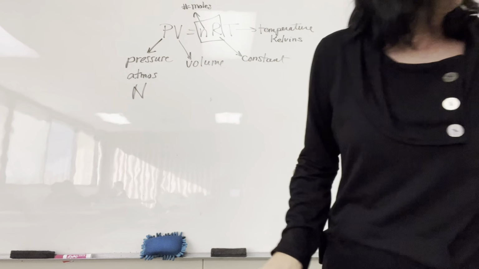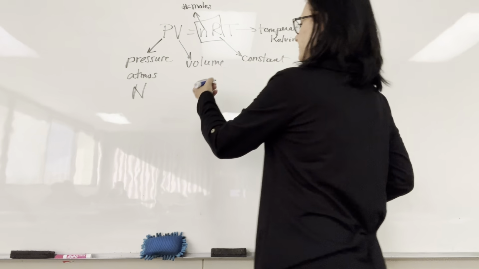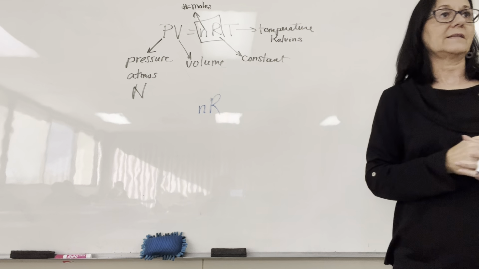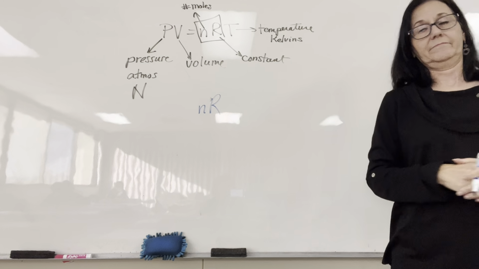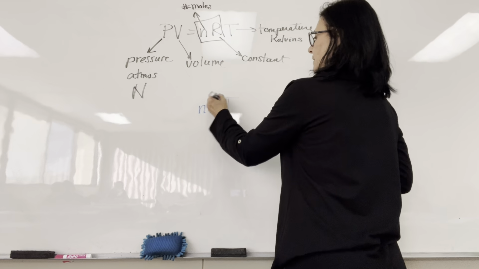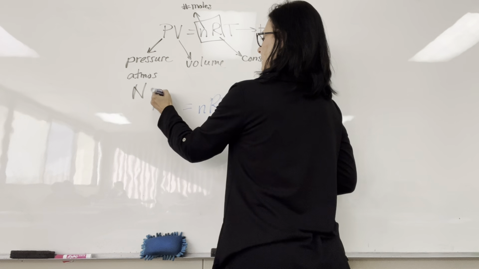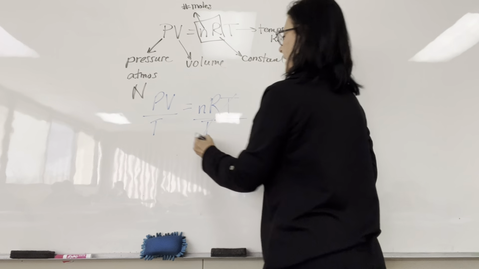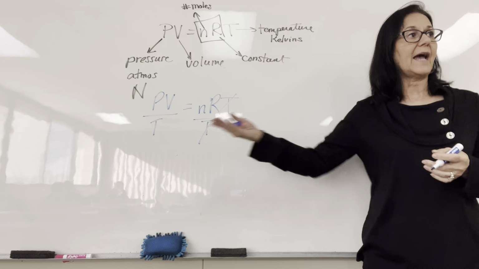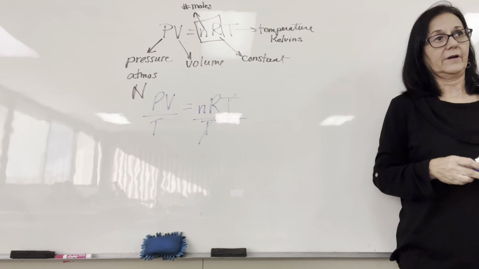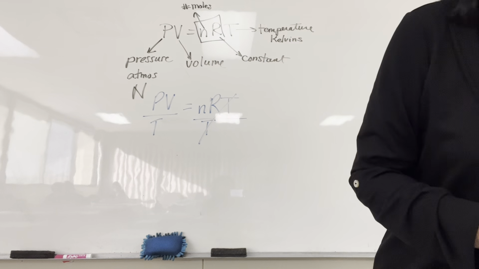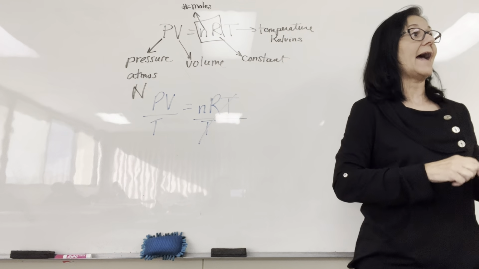If we look at the formula, we're going to say this part of two gases are the exact same. So I'm really dividing by T on both sides, and I'm setting two gases equal to one another and asking what is the equivalent ideal state of two gases.